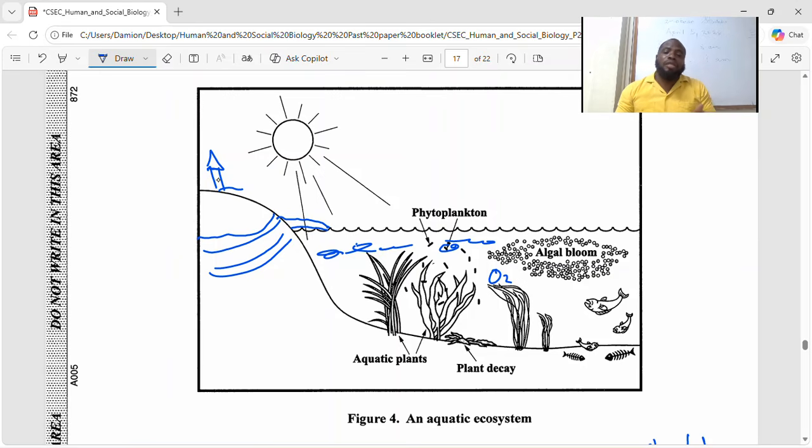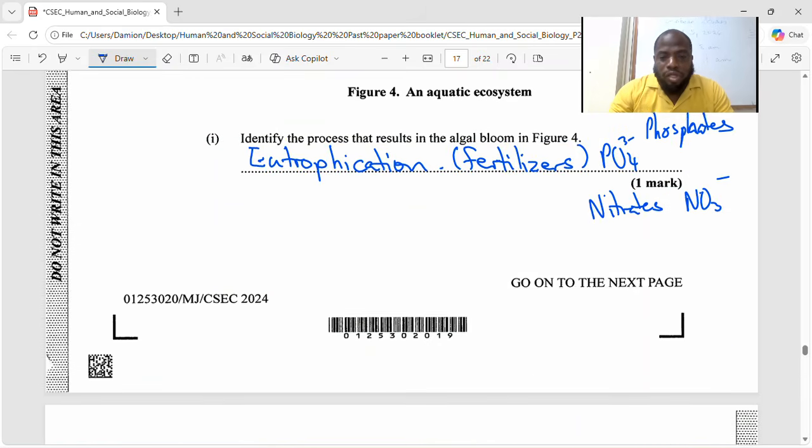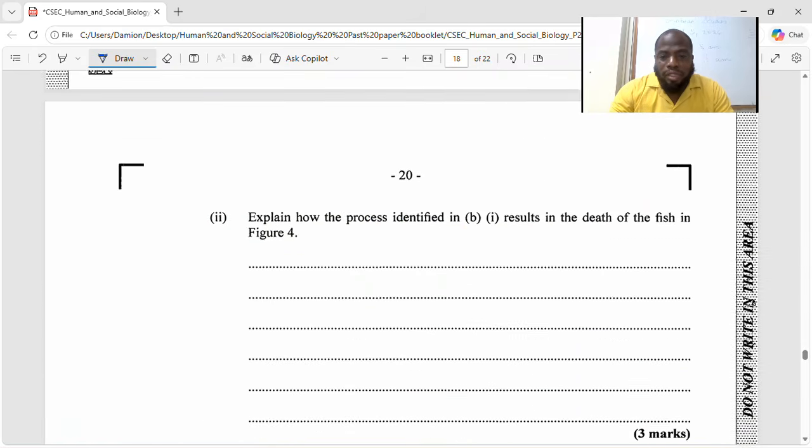The microorganisms, the bacteria, now start to utilize this small amount of oxygen to decompose the things that are dying in the pond, and thus eventually no oxygen is going to be there for the fish, so the fish will eventually die. So that is what we want to put at this point.